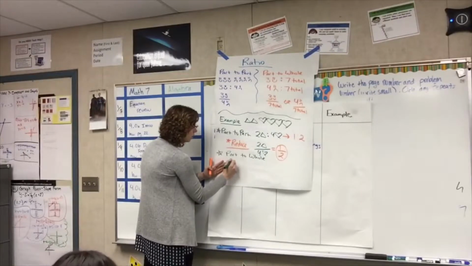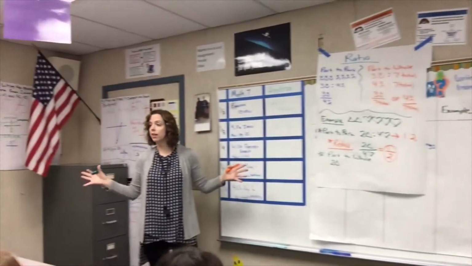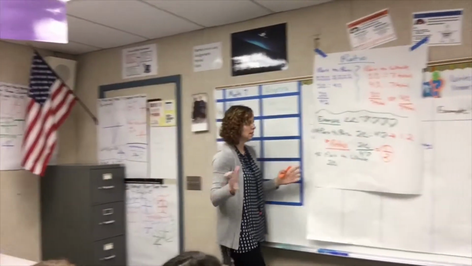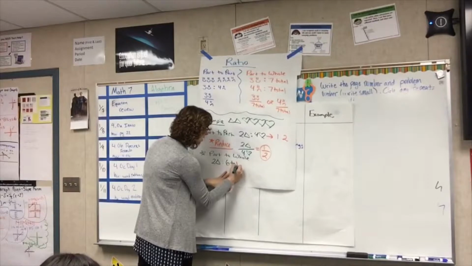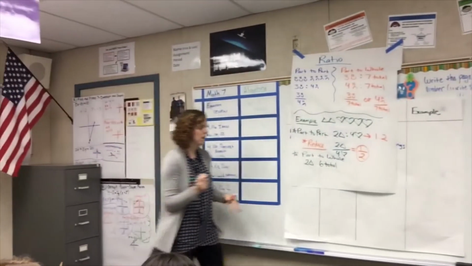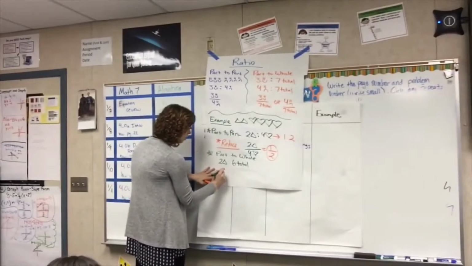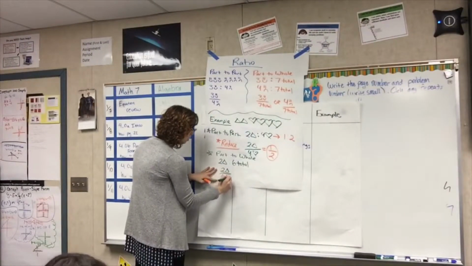Triangles. Okay, how many triangles do we have again? 2. We have 2 triangles. So 2 triangles to how many total altogether? 6. We have 6 total, because this is comparing to the whole.